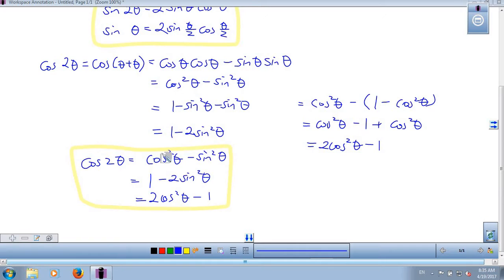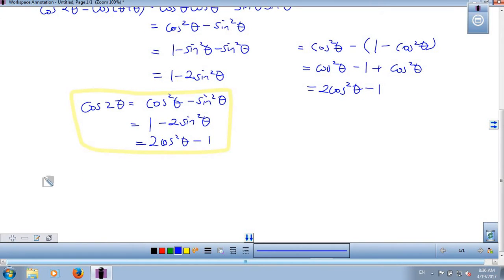In other situations where you might need both, use cosine squared theta minus sine squared theta. We can also apply the proportion of half angles here. I can write it as cosine squared theta over 2 minus sine squared theta over 2. So we can divide the angle by 2 and keep the proportion.